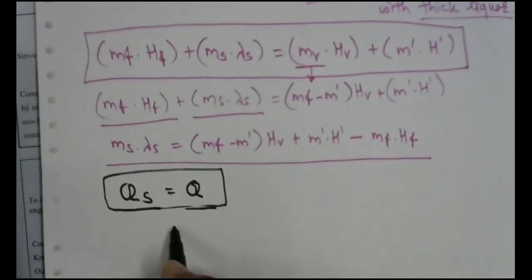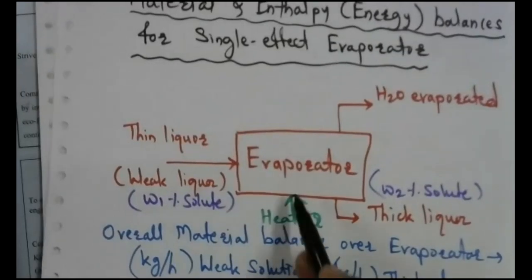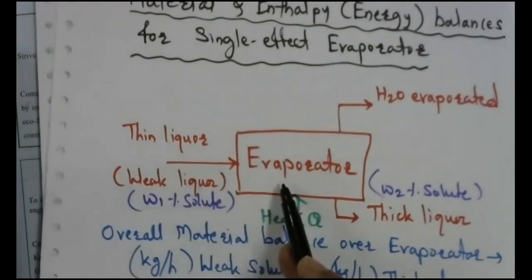Now this Q, that is the heat gained by the feed, is utilized in two ways. That is, initially for heating the feed. So you can observe this diagram. This heat is given to the evaporator. In the evaporator, the feed is there, right? So the heat is gained by the feed initially, and with the help of sensible heat, the temperature of the feed is going to increase.